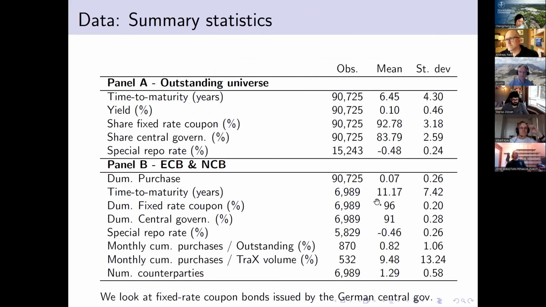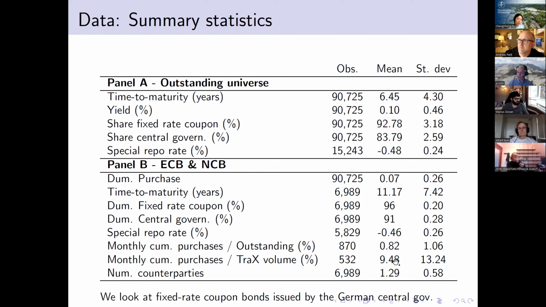You can see how big their purchases are. Typically they're close to 1% of the outstanding volume of bonds, and if you compare it, say, to the volume on the Trax platform, which is a very large electronic trading platform for trading sovereign bonds, they're about 10% of the daily volume on the Trax platform.